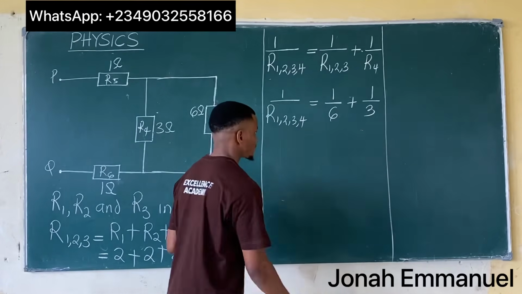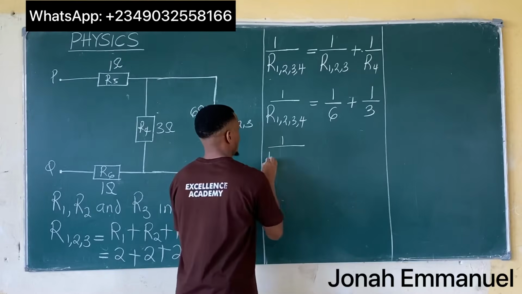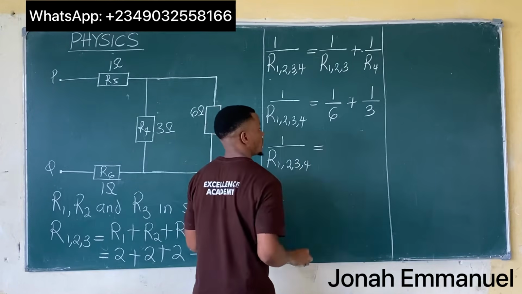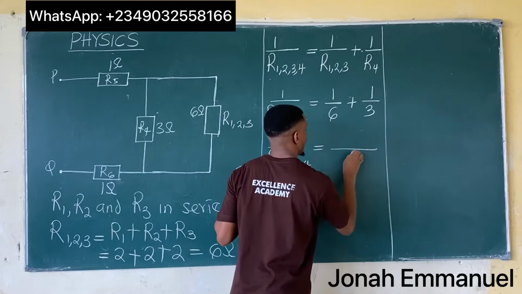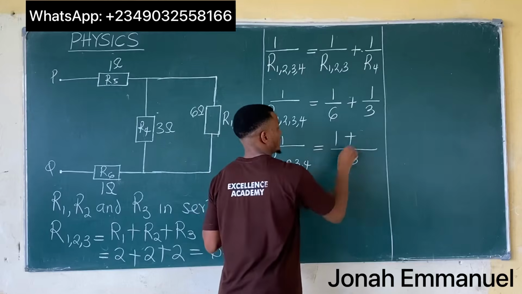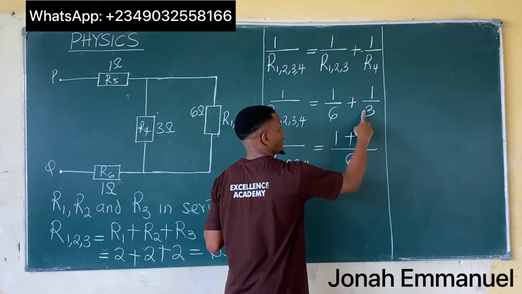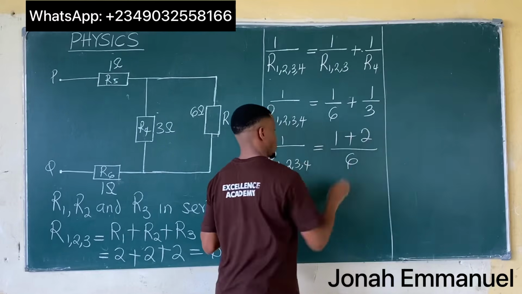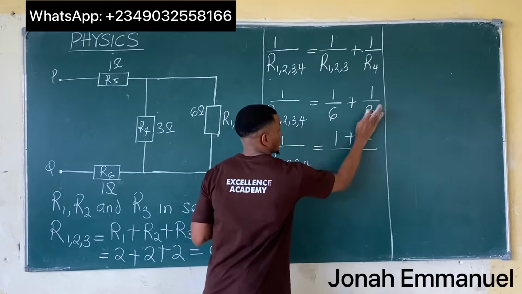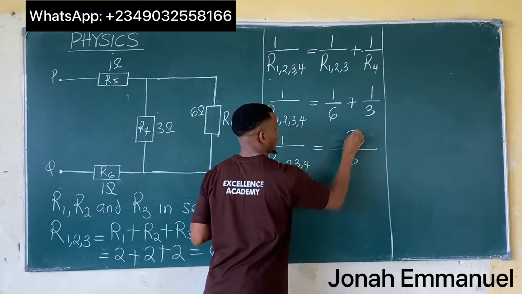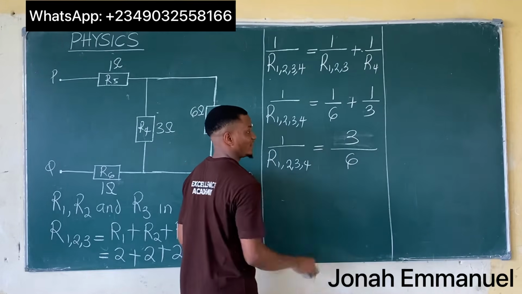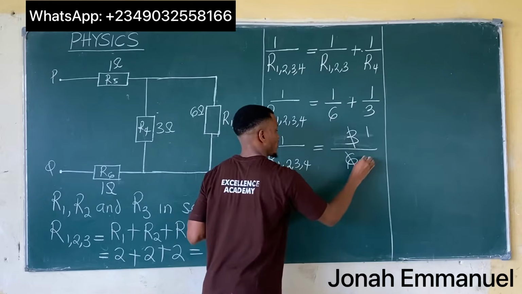So 1 over R1,2,3,4 is equal to, my LCM here is 6. 6 over 6 is 1 times 1. 1 plus 6 divided by 3 is 2 times 1 is 2. So this is equal to 1 plus 2, which gives you 3 over 6. Also, I can break this down: 3 here, 1, 3 here, 2.